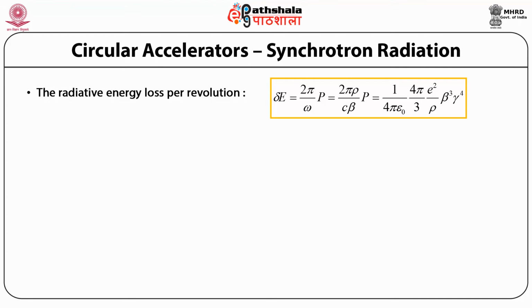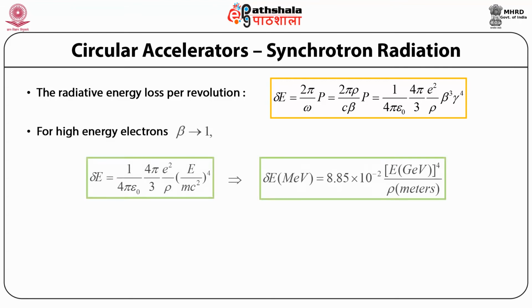Now E is equal to γmc², and for high energy electrons β can be approximated to 1. So ΔE is equal to 1/(4πε₀) × (4π/3) × (E²/ρ) × (E/mc²)⁴. Thus, ΔE in MeV is equal to 8.85 × 10⁻² × E⁴, with E in GeV, divided by ρ in meters.